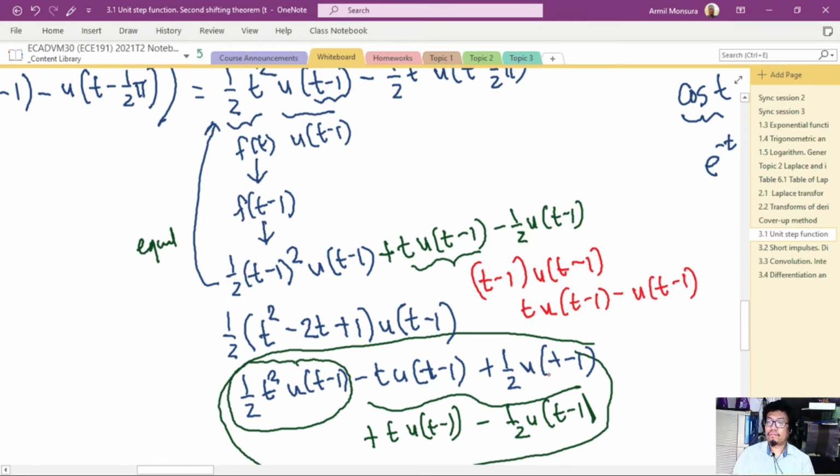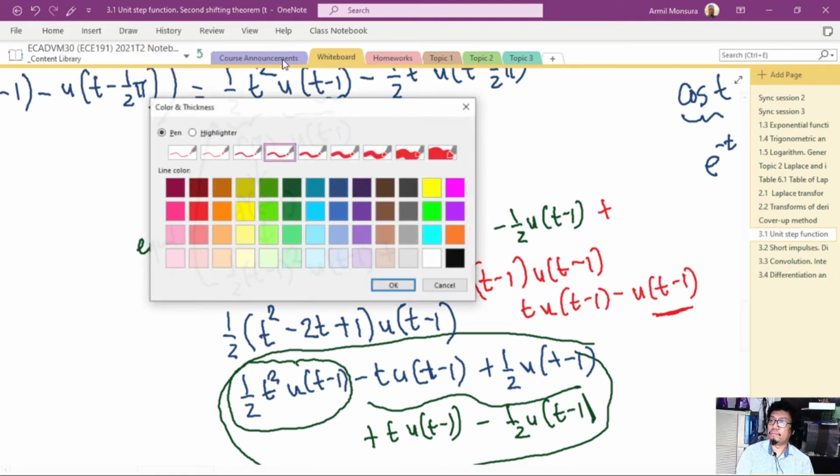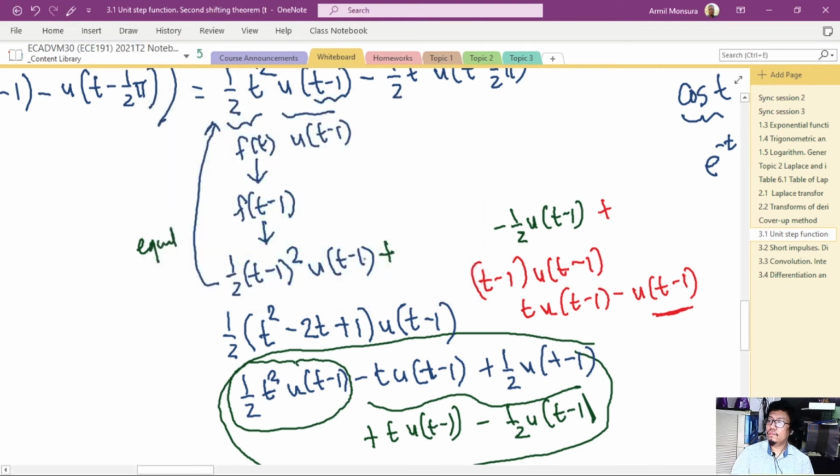So that you return back to the original expression, you need to add this term. This allows us to change this term into this. Let's erase this one and write that as t minus 1 multiplied to u of t minus 1.